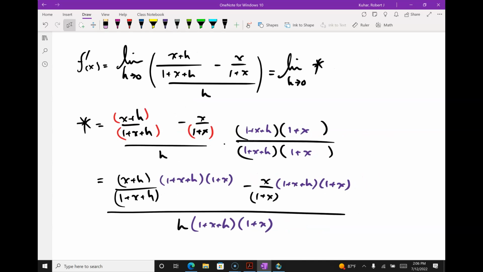Okay, you can clearly see I'm distributing those purple factors to the numerators of the numerator and to the numerator of the denominator, right? Numerator to the numerator, numerator to the denominator. Everybody okay?